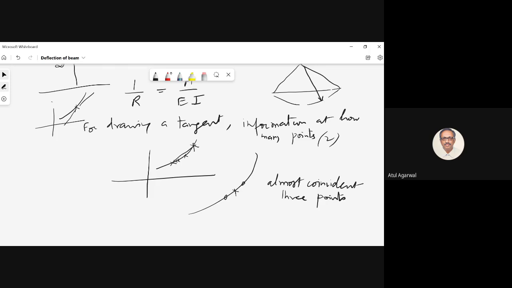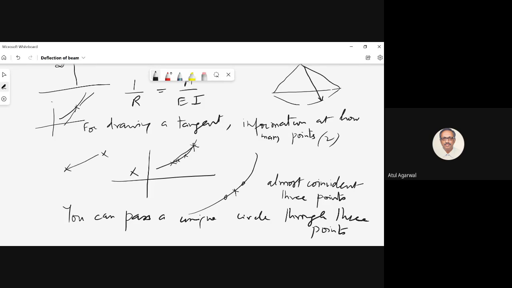You must have heard a theorem in geometry. You can pass a unique circle through 3 points. You draw a perpendicular bisector, so this point is equidistant from all these 3 points, so you can pass a circle.